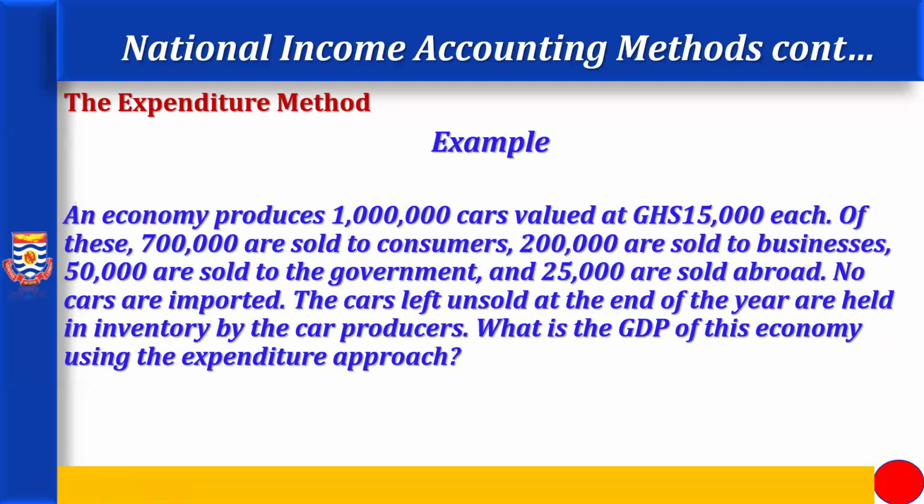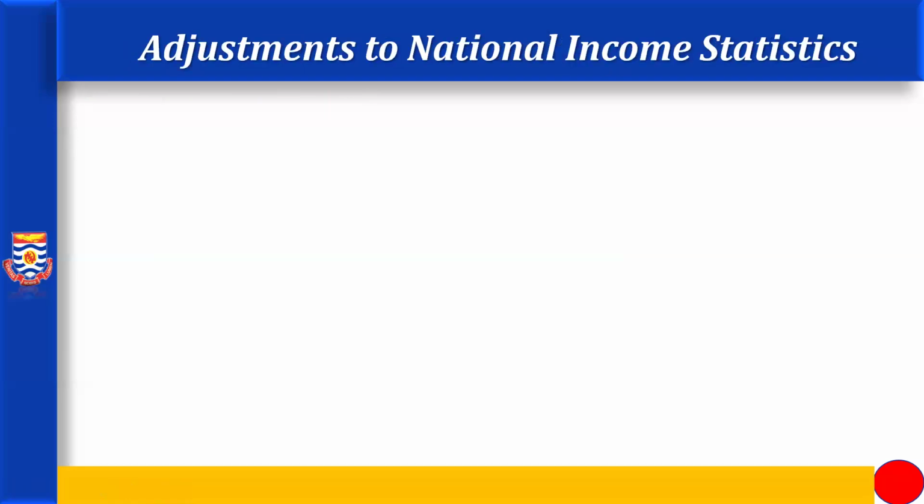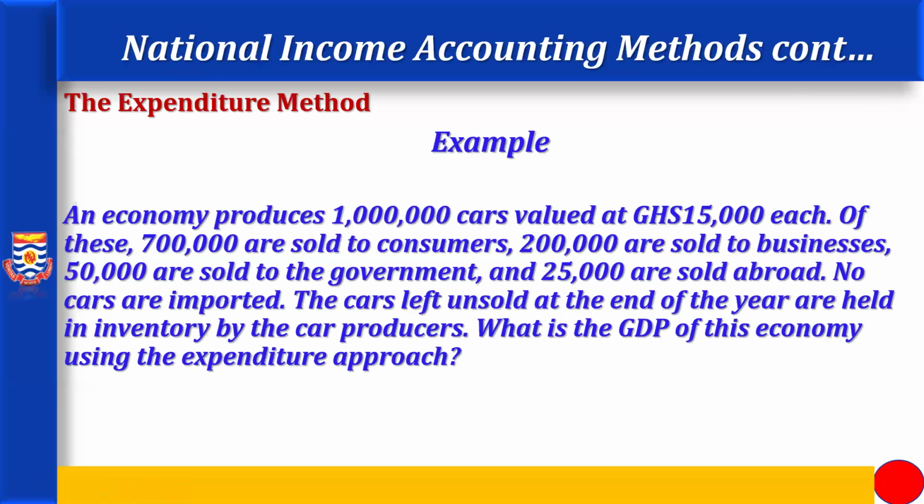Expenditure method. Let's look at this example here. An economy produces 1 million cars valued at 15,000 Ghana cedis each.